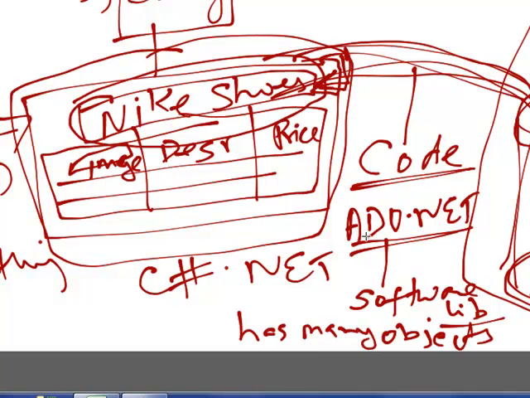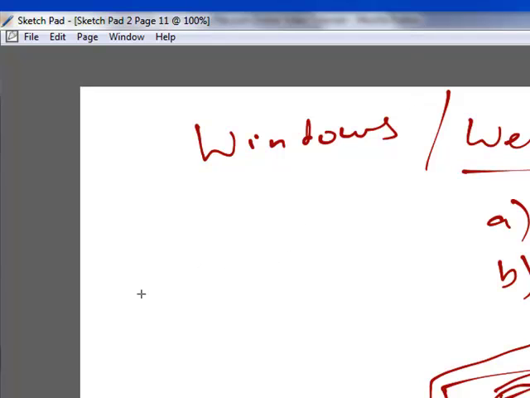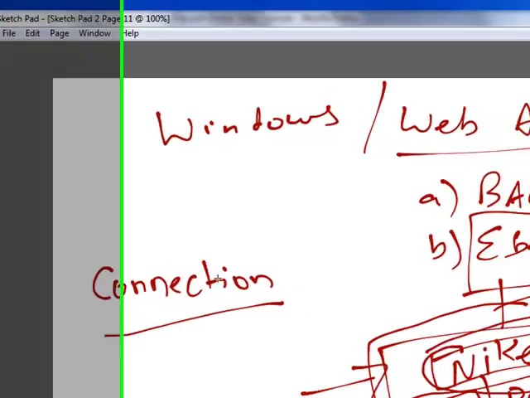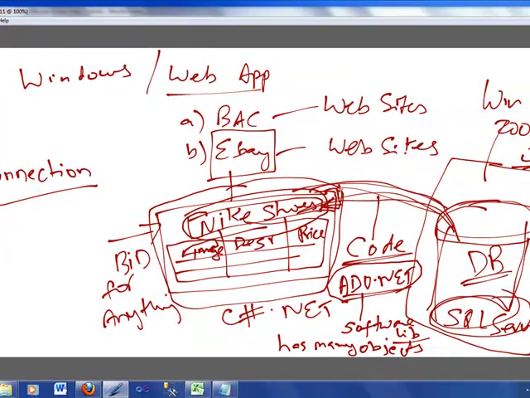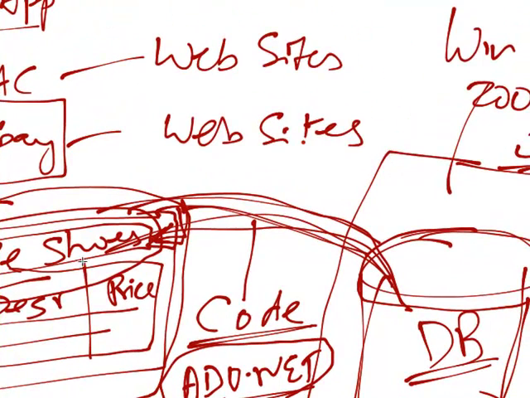The programmer uses the objects from ADO .NET. Again, not necessary, but just to give you some idea, there will be an object, let's say, connection. They will use the connection object to connect to a database, right? There will be a bunch of objects in there they will use to connect to the database. So you have to have a database.